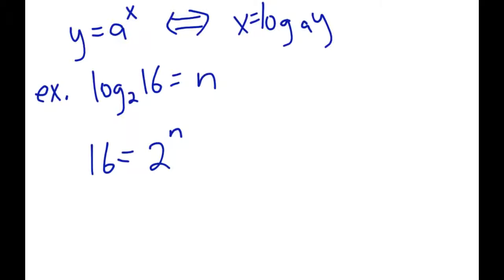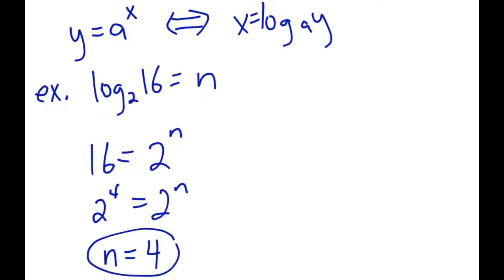So let's do the math way first. 16 can be changed to 2 to the power of 4, right? 2 times 2 is 4, times 2 again would be 8, times 2 again would be 16. So we can change 16 to 2 to the 4. So 2 to the 4 will equal 2 to the n, so that means n has to equal 4, and we're done the question.